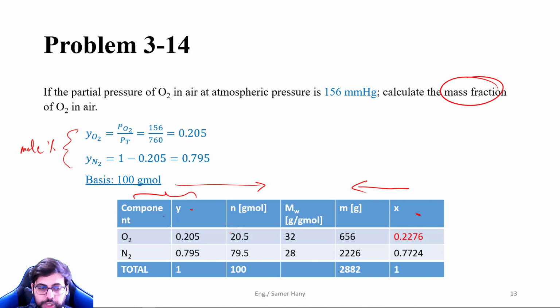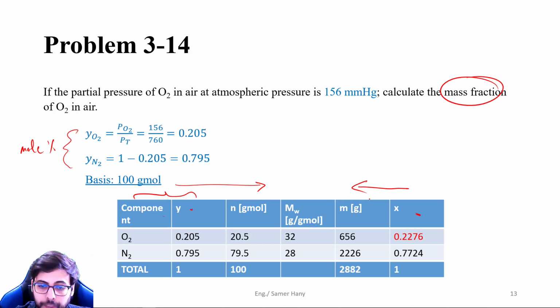Here we'll assume a sample of that gas like we did last time, just this time it will be a sample of 100 moles instead of 100 grams, since we have the information for the mole percent, not the mass percent.